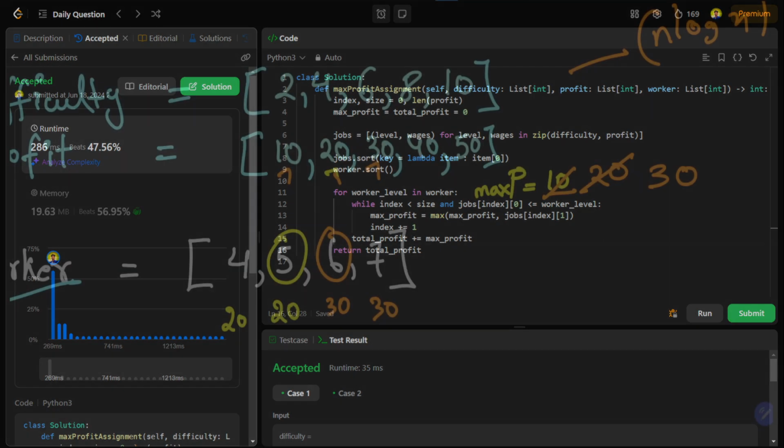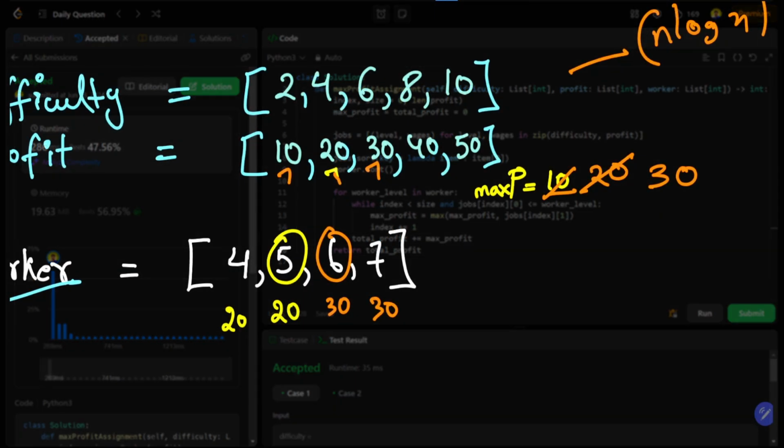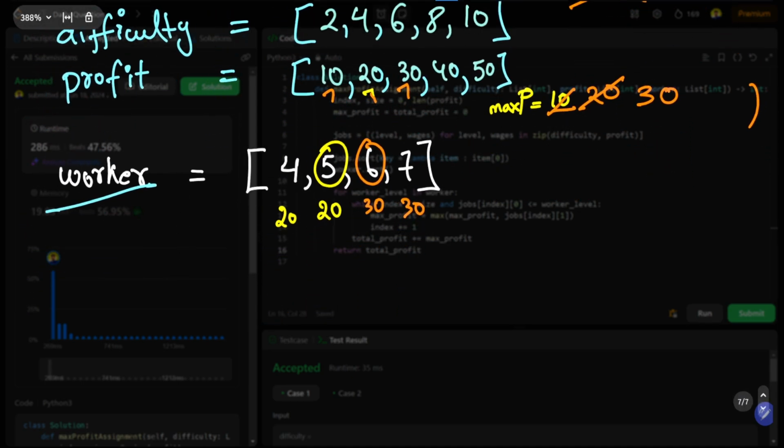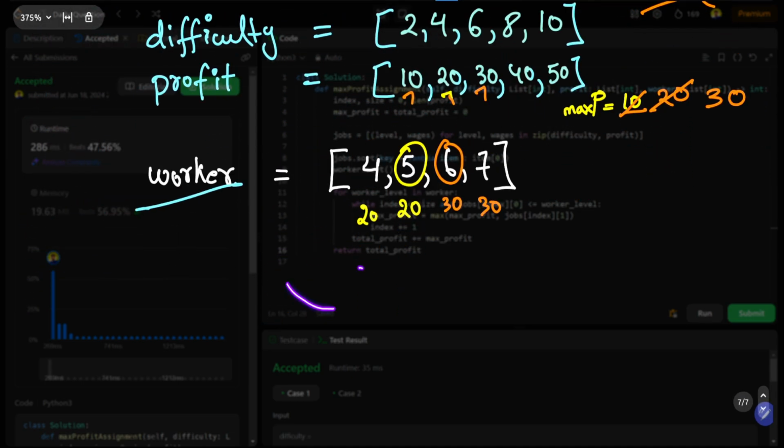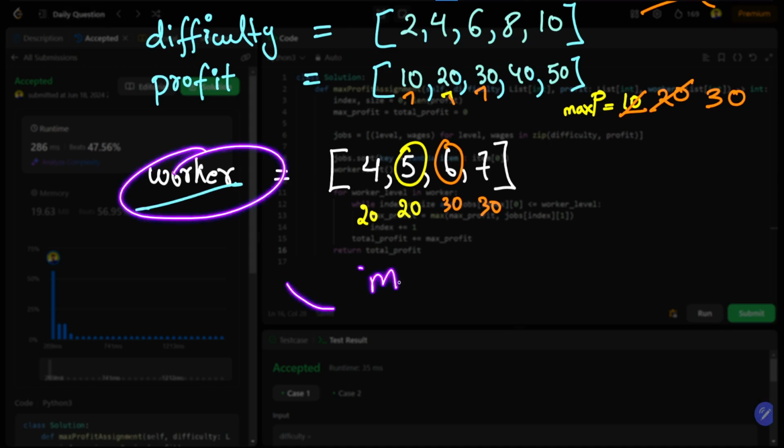Now let me tell you the time complexity for this case. We have done the sorting with n log n, and we have done the sorting for this into m log m. But if you see, we are looping over this array which takes m times.